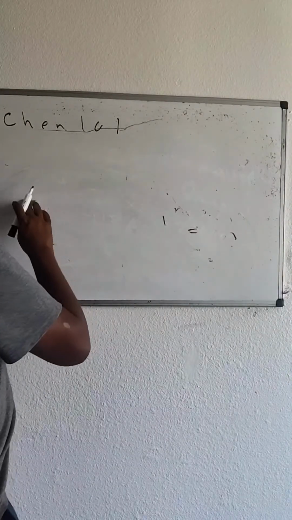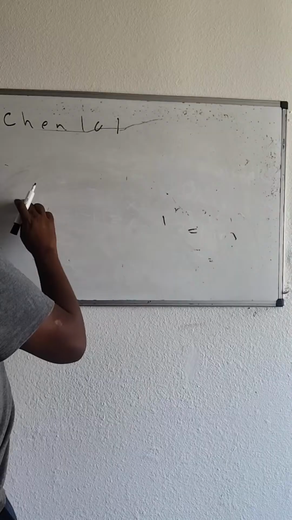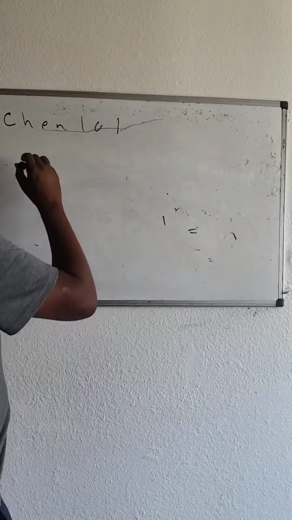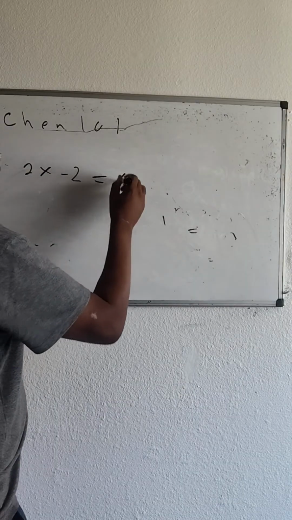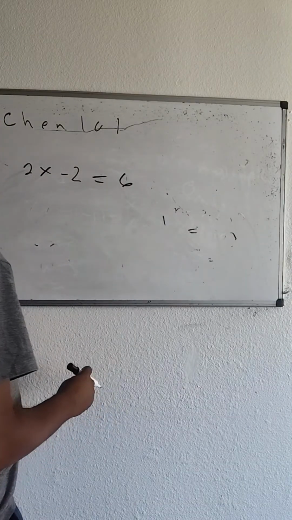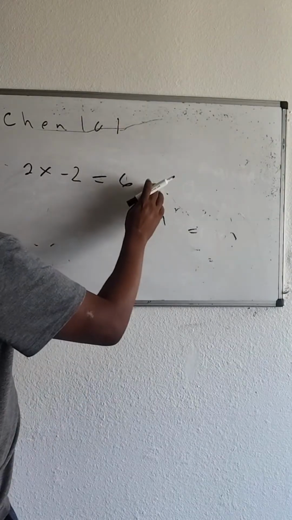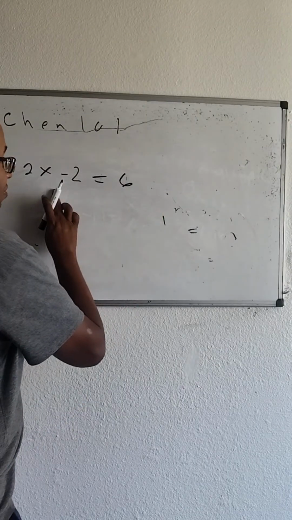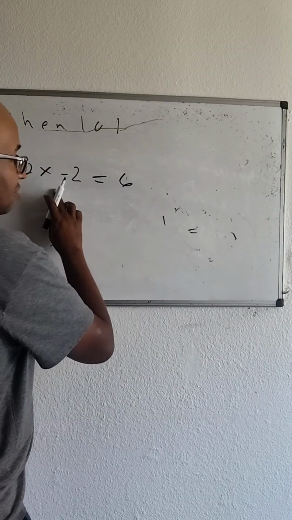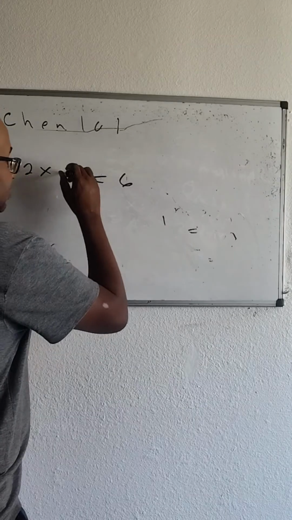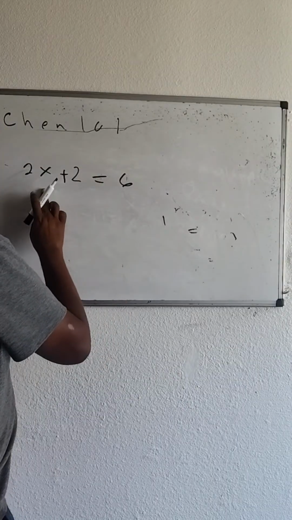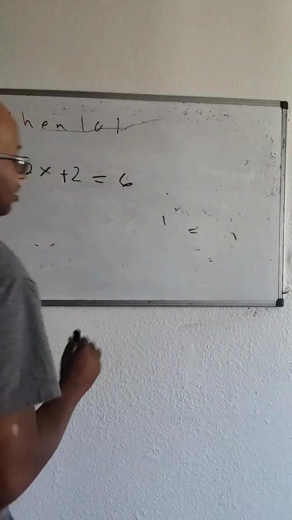So we got 2 and 2, that'd be 4. Okay, so we'll do 2x minus 2 equals 6. So 2 times 2 is 4, plus 2 is 6, okay.